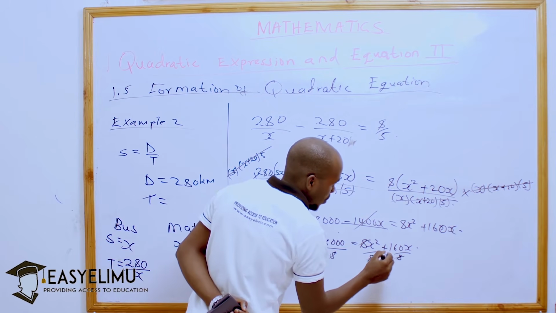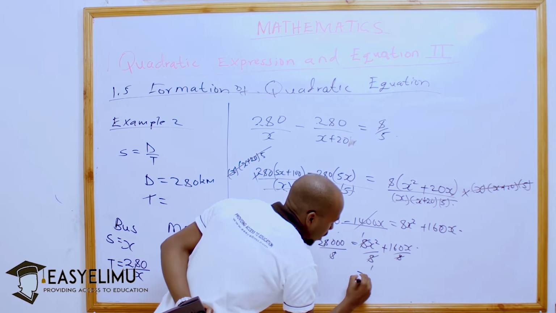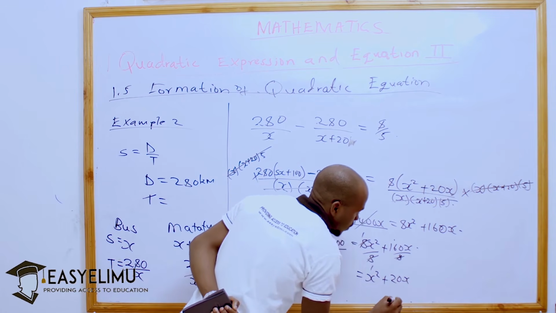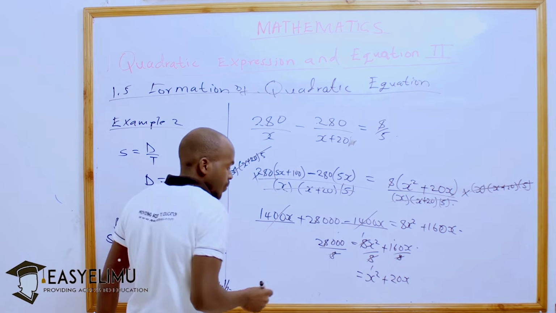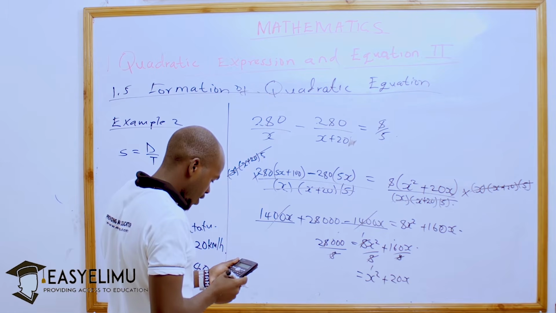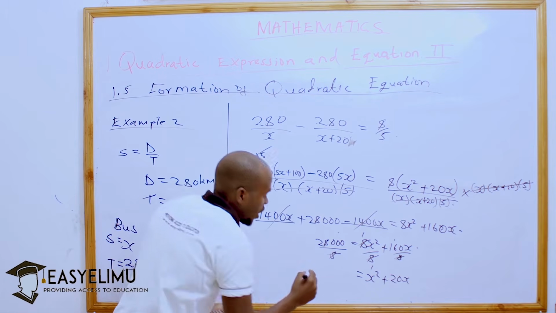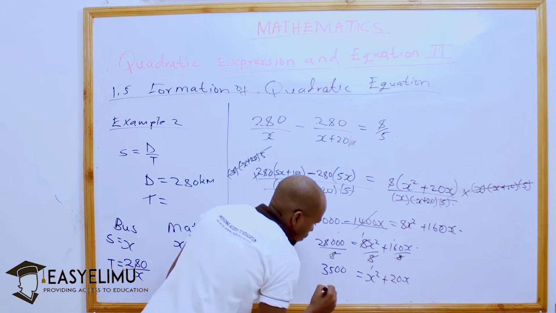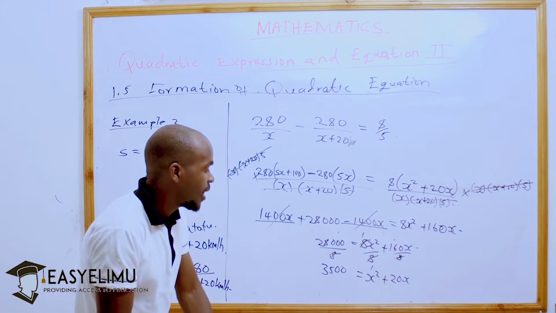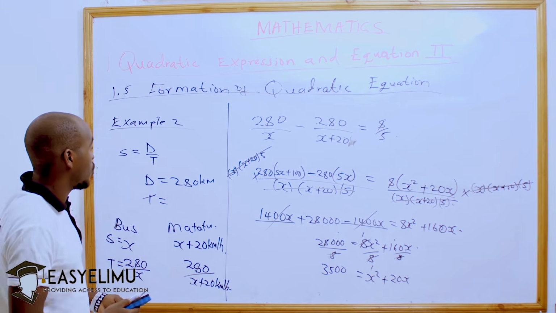So we are going to remain with x squared plus 20x is equal to, now 28,000 divided by 8, you shall get 3,500. So that's what we have found, and that is what we call our quadratic equation.